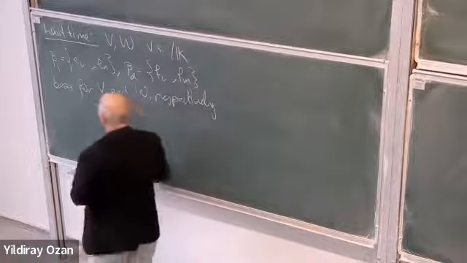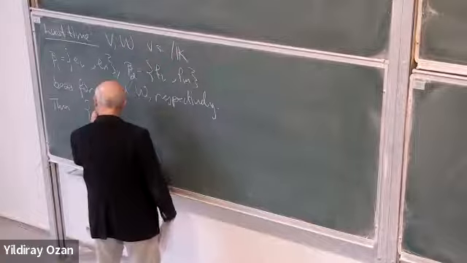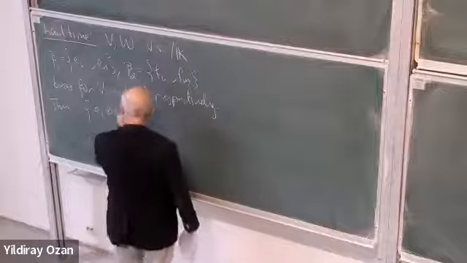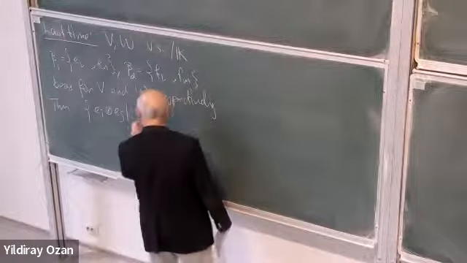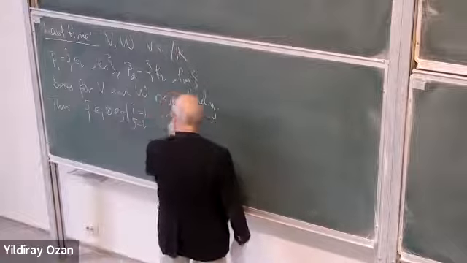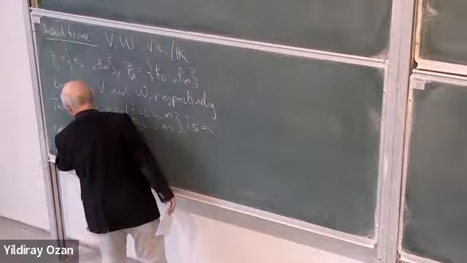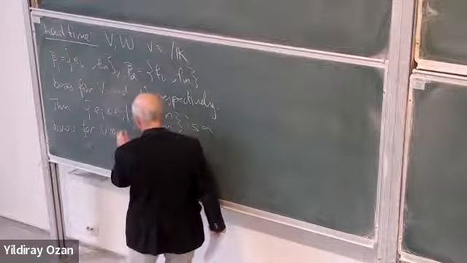Then we prove what? Then this set, e_i tensor f_j, with i from 1 up to n and j from 1 up to m, is a basis for the tensor product we constructed.